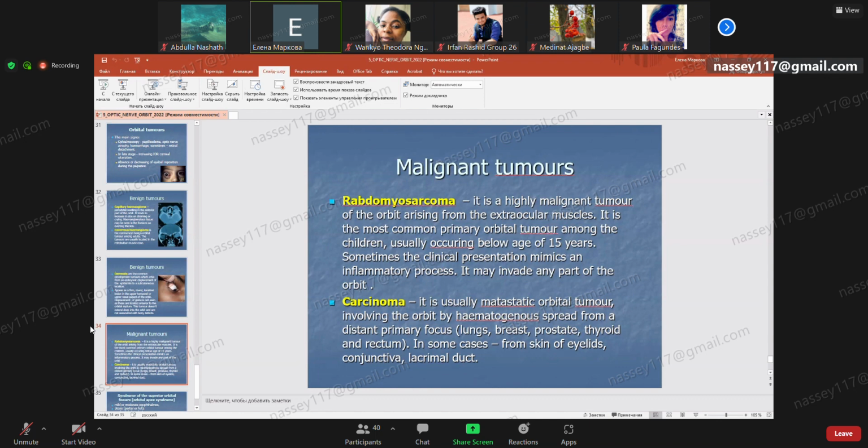Carcinoma. Carcinoma is an unusually metastatic orbital tumor involving the orbit by hematogenous spread from a distant primary focus: lungs, breast, prostate, thyroid, and rectum. In some cases, from skin of eyelids, conjunctiva, and lacrimal duct.